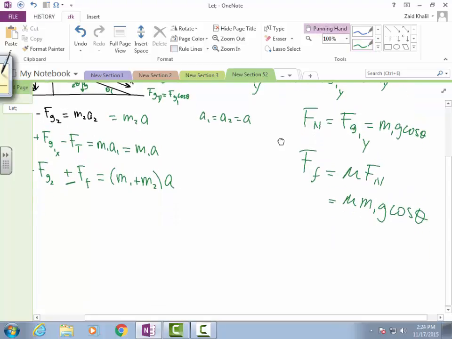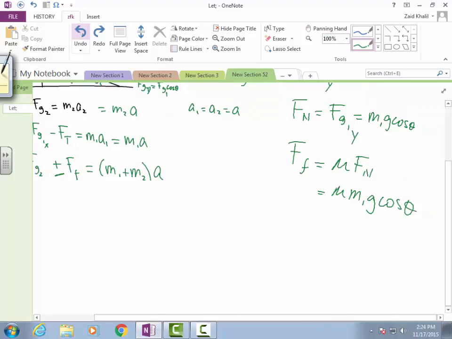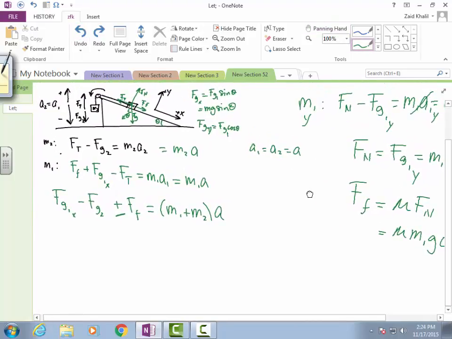Now we can actually begin subbing in. Fg1x is equal to what? M1g sine theta.